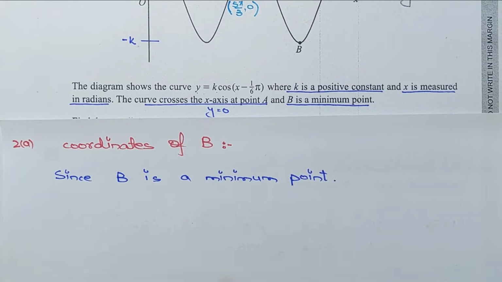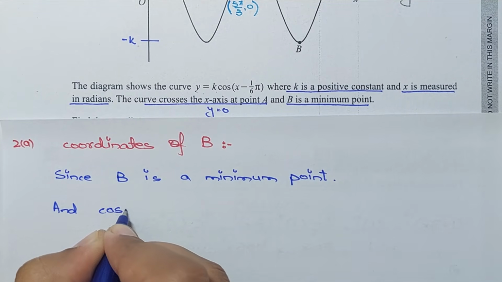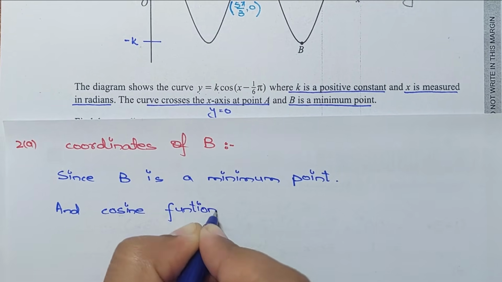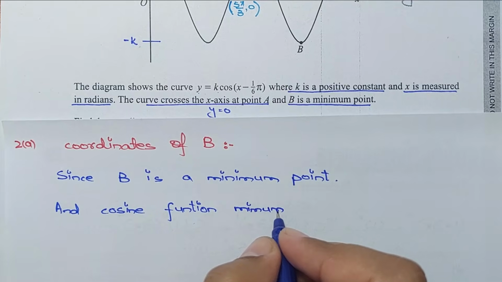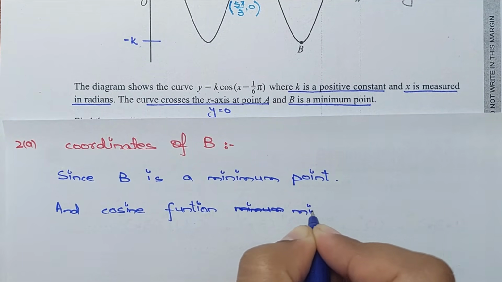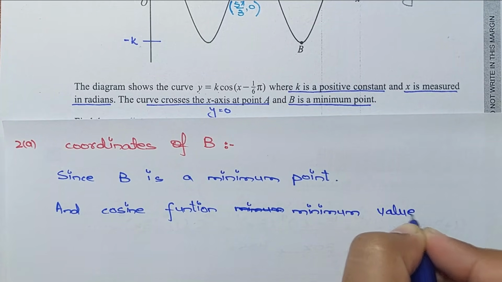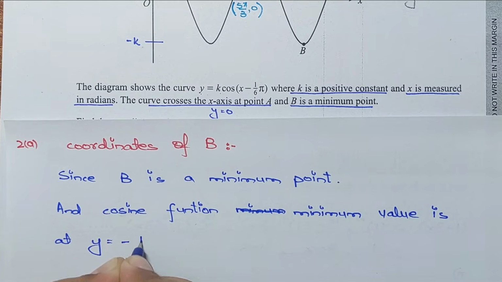Since B is a minimum point, and the cosine function's minimum value is at y equals minus 1.